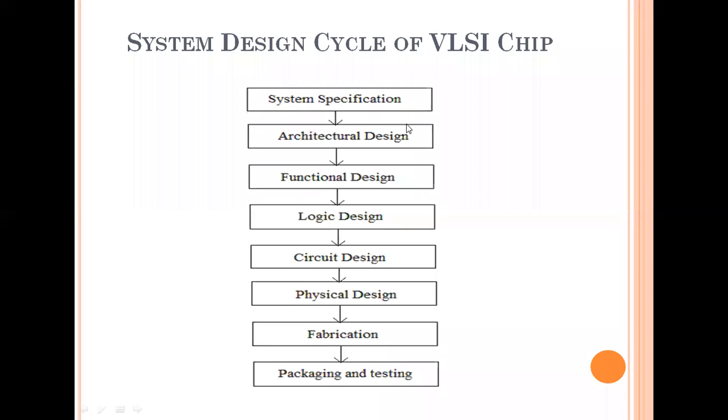All that kind of information is referred to as the system specification, or also we can say the design specification. So this is the first step of any design process: to set the specification of the system.